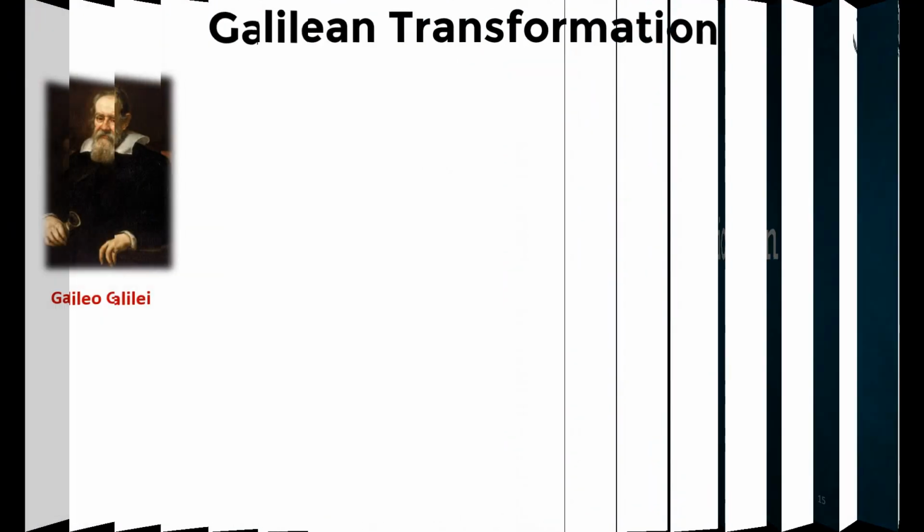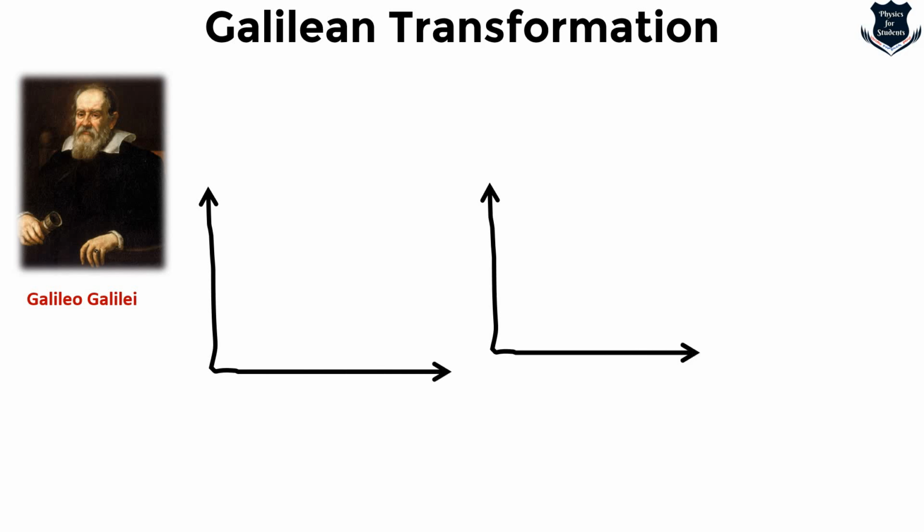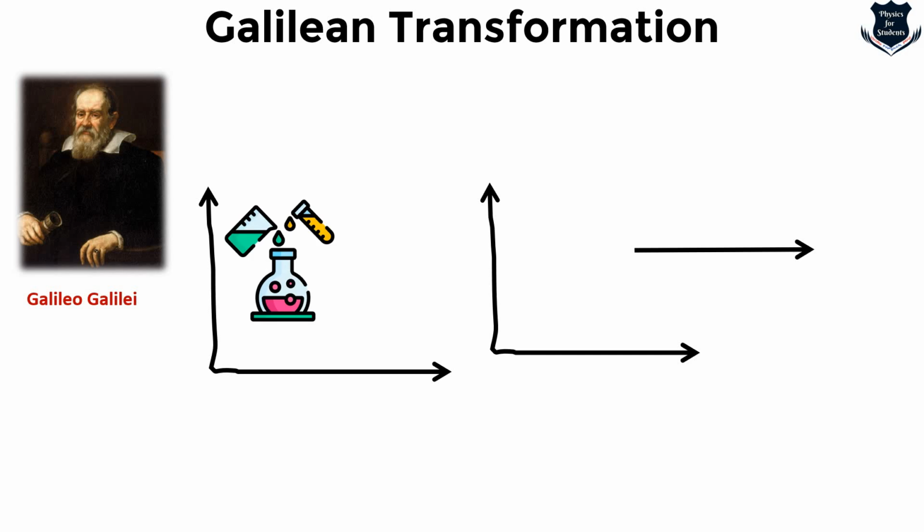Galilean transformation. Galileo Galilei arrived at something where we have one frame of reference, as you can see on the left, and another on the right moving relative to it. If I perform any kind of physical experiment, it would provide the same result in both.